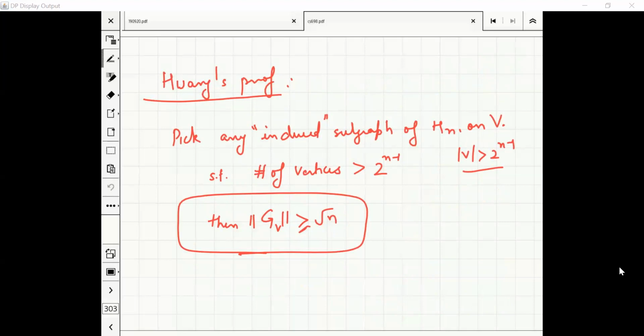I was given that the degree of f is equal to n, which meant that at least one of the subgraphs will have size more than 2^(n-1). And for that induced subgraph, I will prove that the eigenvalue is more than root n. This is the target for tomorrow. This finishes the lecture for today.